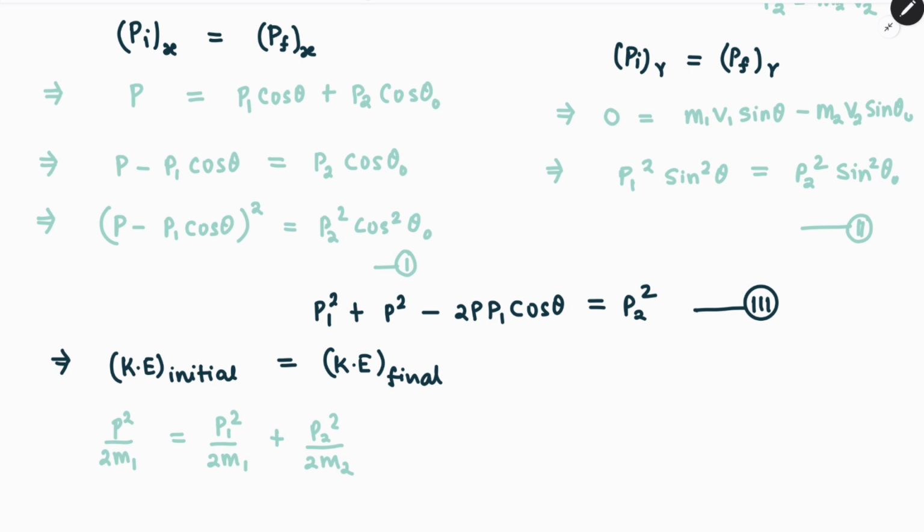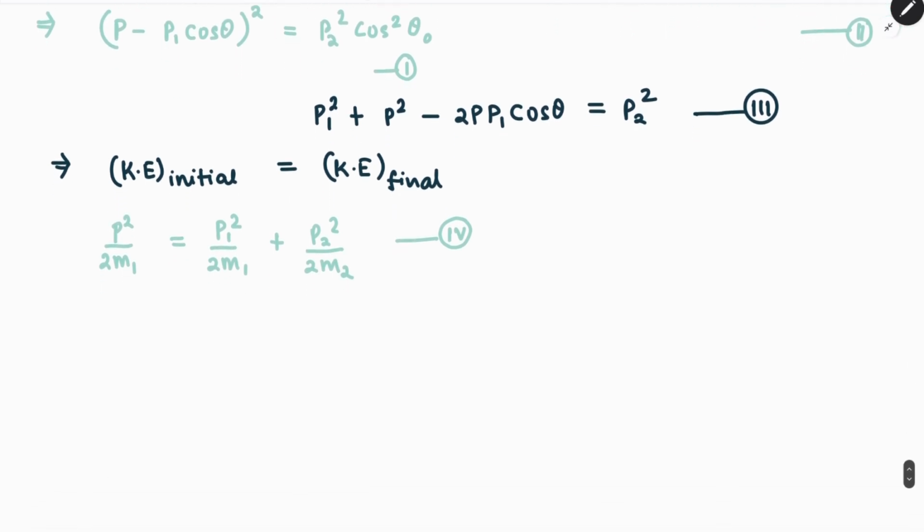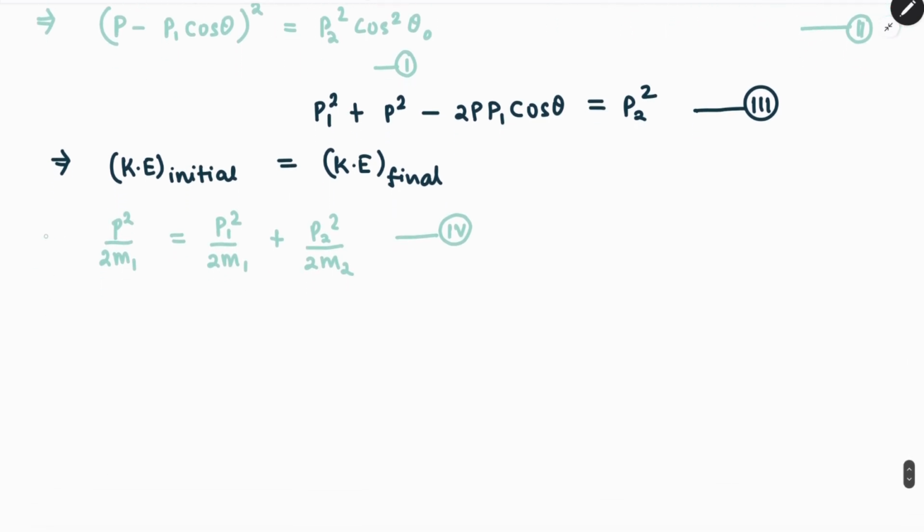Now if we put the value of p1 square from equation 3, then equation 4 will modify itself, and the modified equation is going to take a form like this.